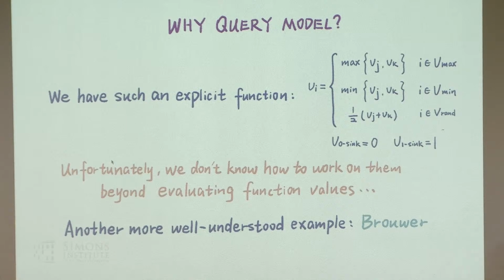This is usually the case in the study of fixed point computation, where even if we are given an explicit function of the underlying fixed point problem, we don't really know how to use it beyond evaluating the function values. There's probably a more well understood example, which is called Brouwer fixed point. So maybe let's take a short detour to Brouwer, and I will show you that in this case, even for an explicit function, we cannot hope to solve it.